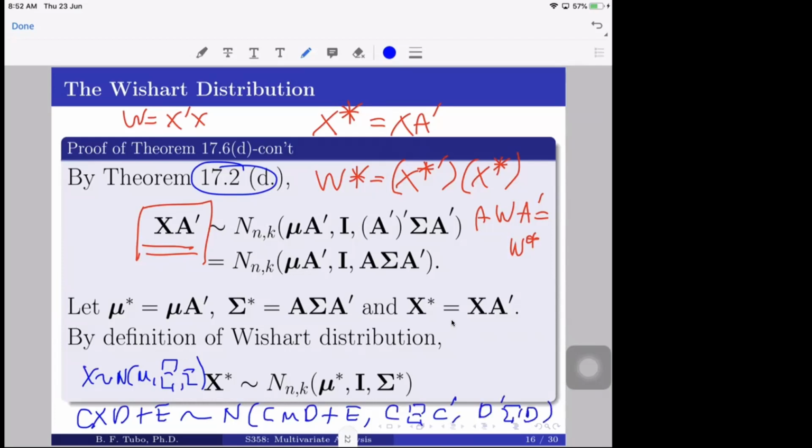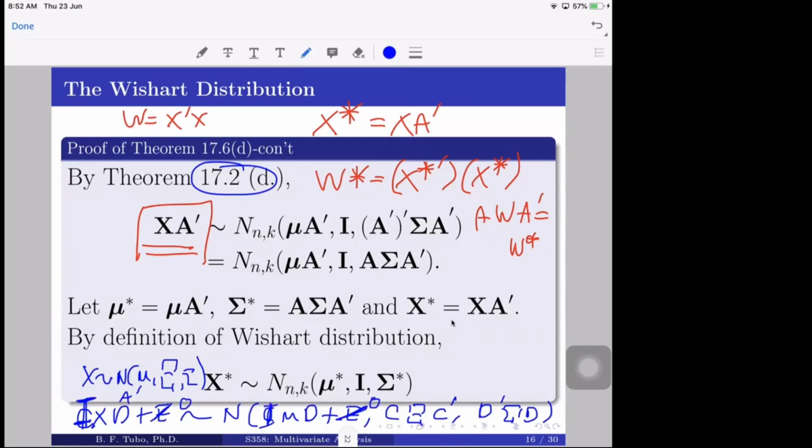Okay, so in this case, our C is just the identity. Our D is A prime, our E is 0. So this becomes 0, and this becomes the identity.